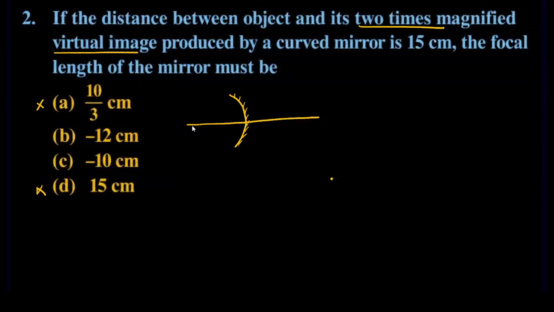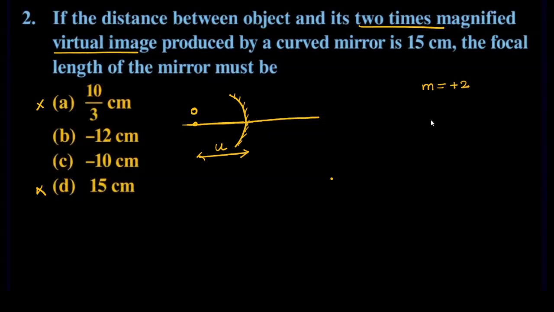Now here, if I locate my object here, this distance will be taken as u. Next, where the image has to be formed. The magnification given here is +2.